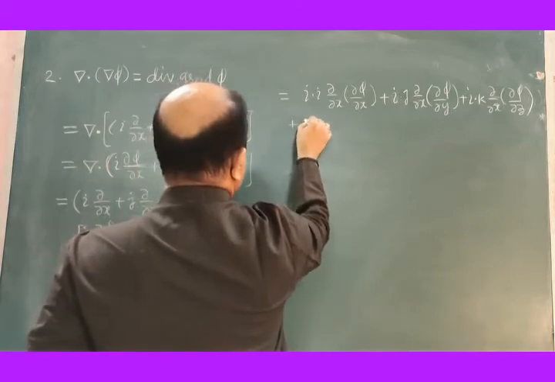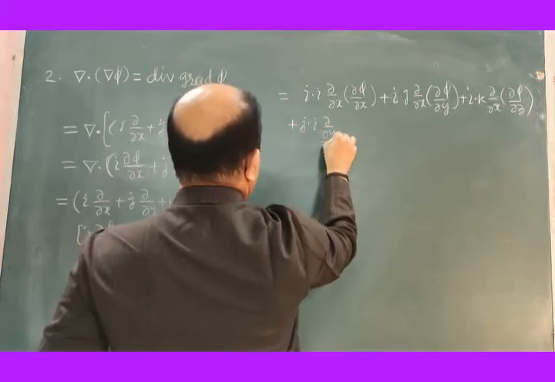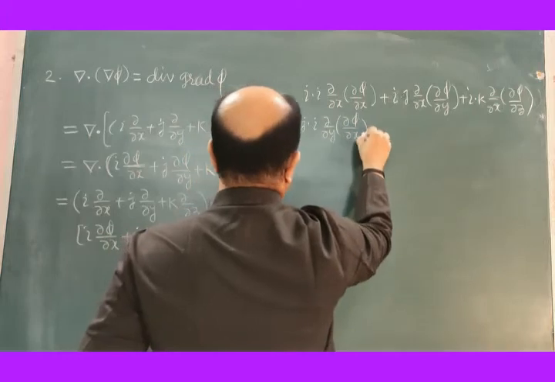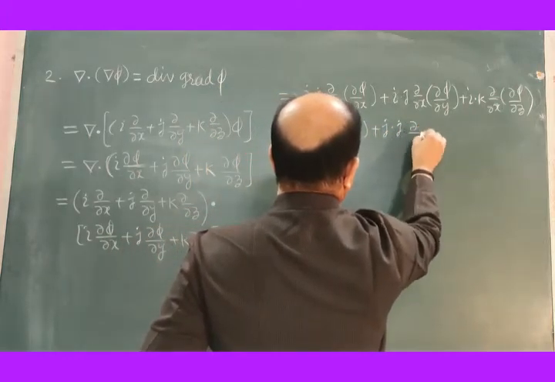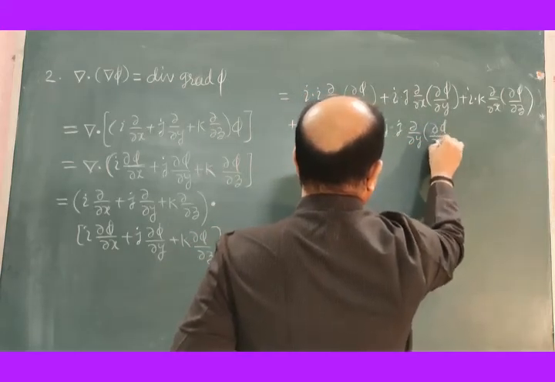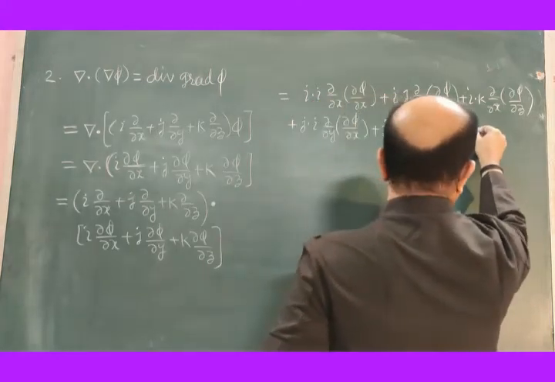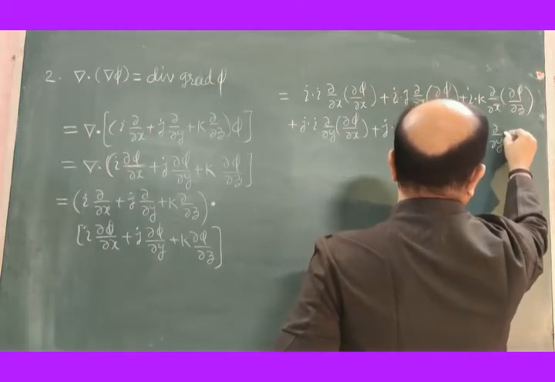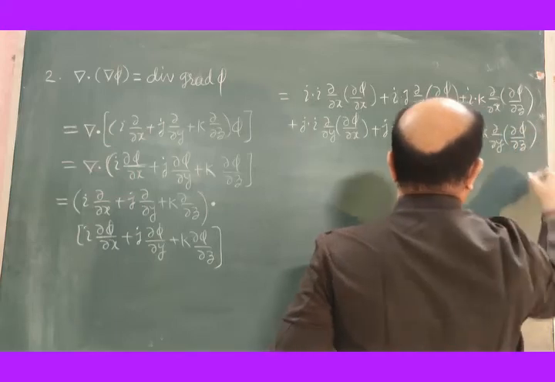Plus j dot i ∂/∂y of ∂φ/∂x plus j dot j ∂/∂y of ∂φ/∂y plus j dot k ∂/∂y of ∂φ/∂z.